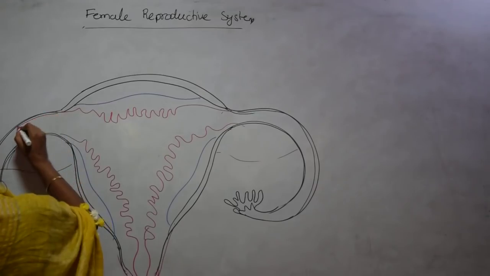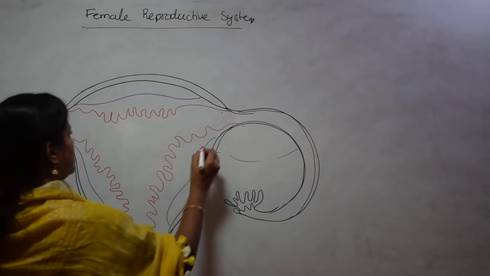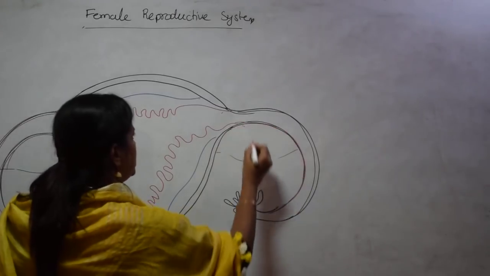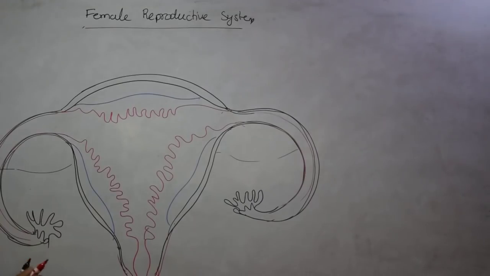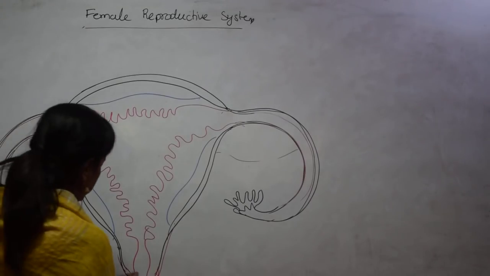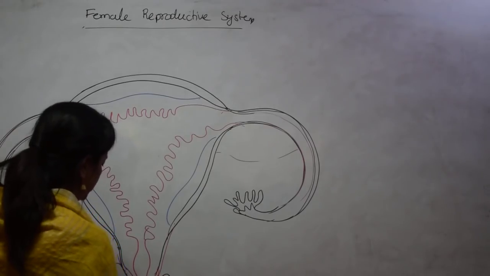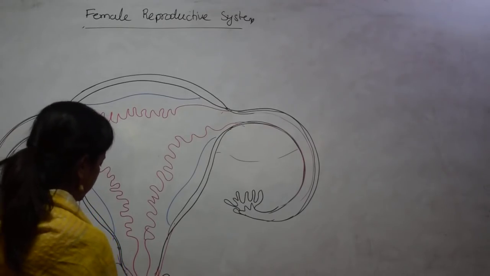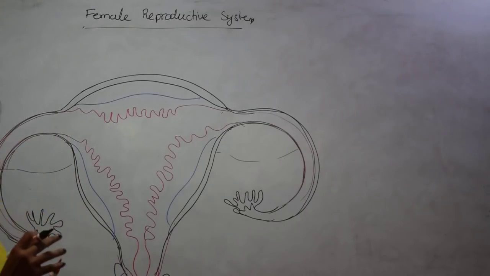The lining is called the endometrium. Continue like this; the structure should be perfect. Then the lower portion of this will be continued in the form of the vagina. This is the vaginal area. This is the internal part I am drawing.